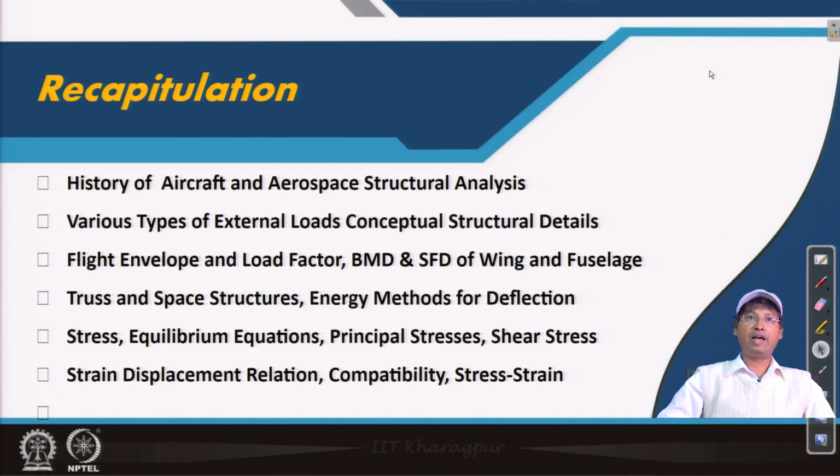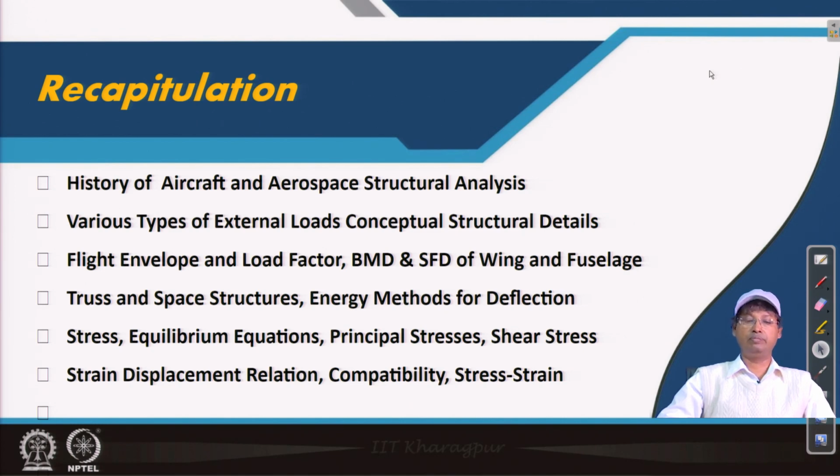So, with respect to that, in correlation to g, we have also come across the flight envelope. A flight envelope is the envelope for which we define how much g a structure should withstand, and it varies from aircraft to aircraft, the type of aircraft.